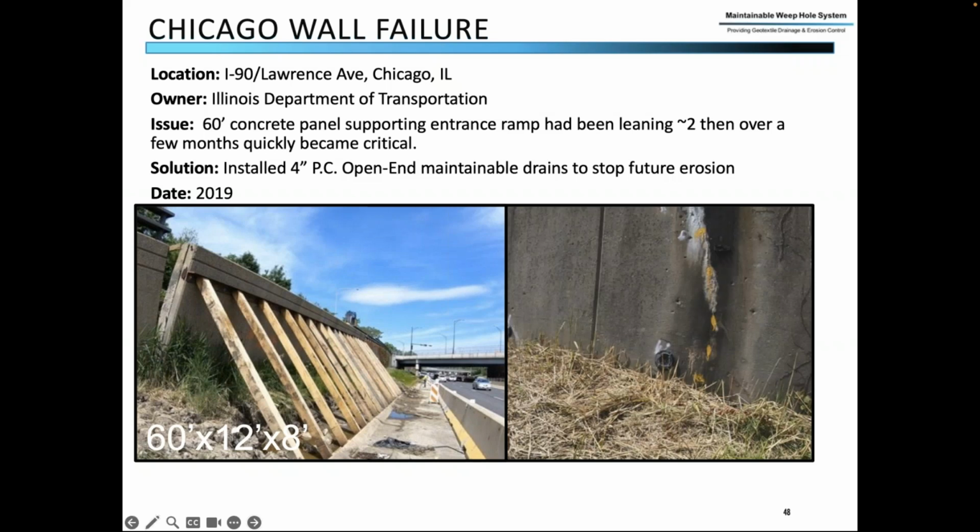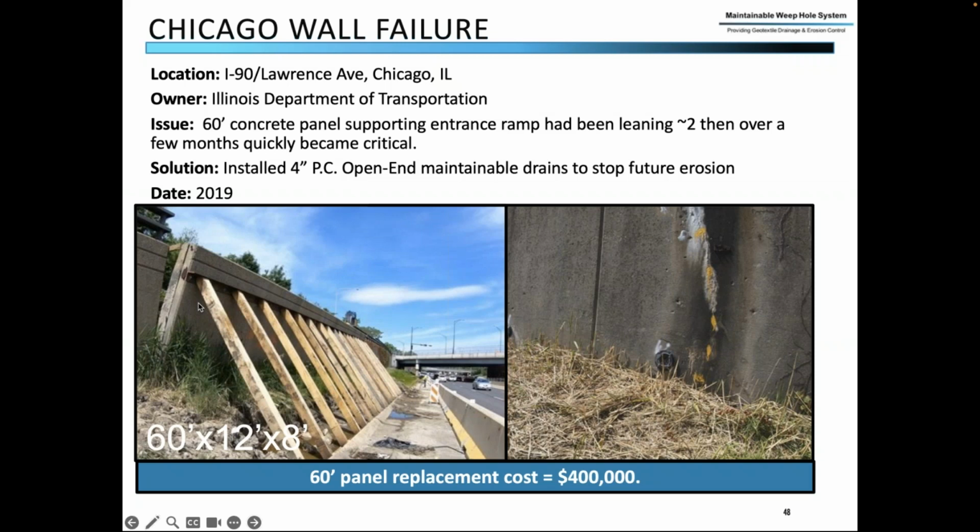So they have gone through a number of walls and put units in as an insurance program, I guess is what I would call it, I don't know if they label it the same way. But just to replace that one 60-foot panel cost $400,000 versus about $4,000 to ensure that the panel would never fall over.